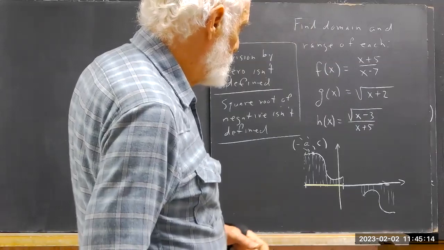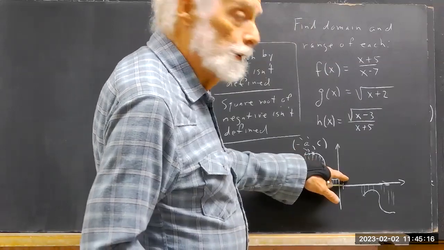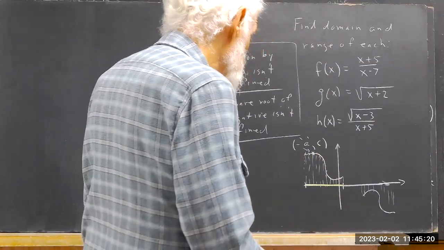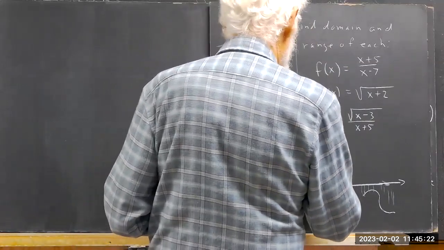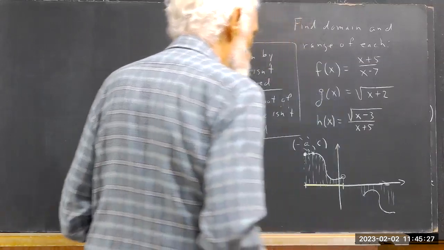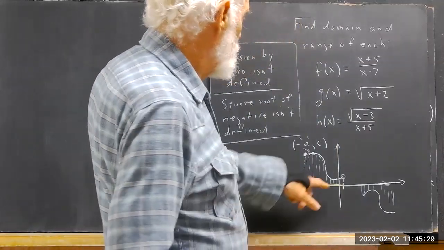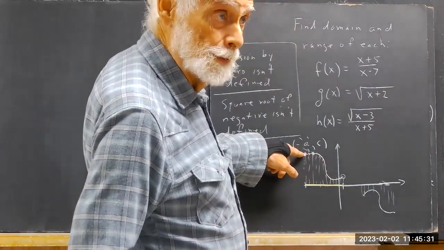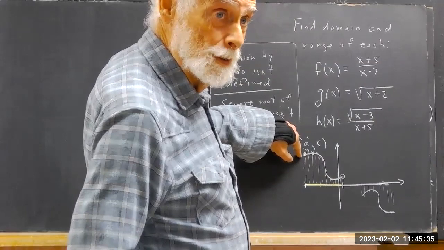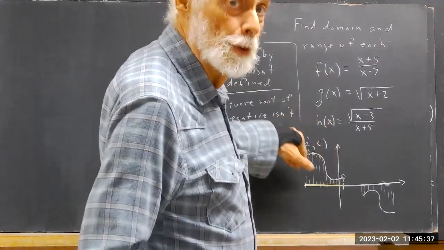I kind of left it ambiguous. I didn't put any kind of a circle on the ends of these intervals. So let me go ahead and do that. Let me put a closed circle here and an open circle here, meaning that everything up to this point is in the domain, and that point is in the domain, or that point is a point on the graph.